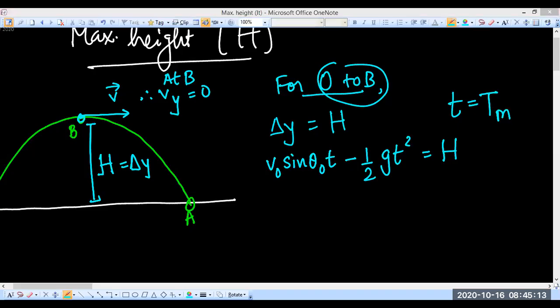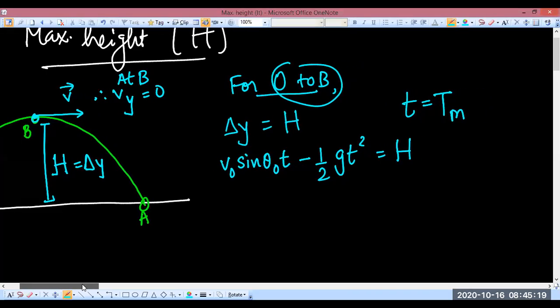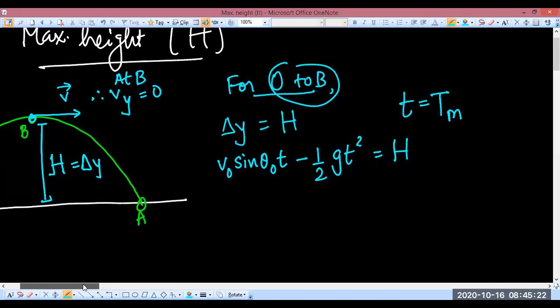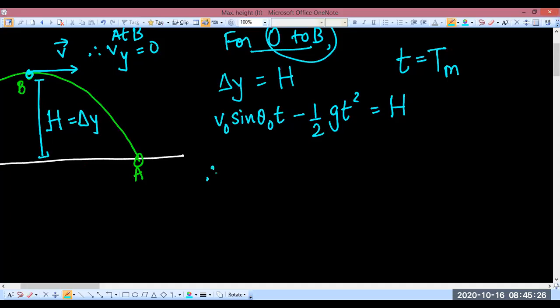So what we are going to do is put the value of t equal to tm here, right? So t is equal to tm, therefore h is equal to v0 sine theta 0 into t. What is the meaning of t? Tm, but tm is v0 sine theta 0 by g.